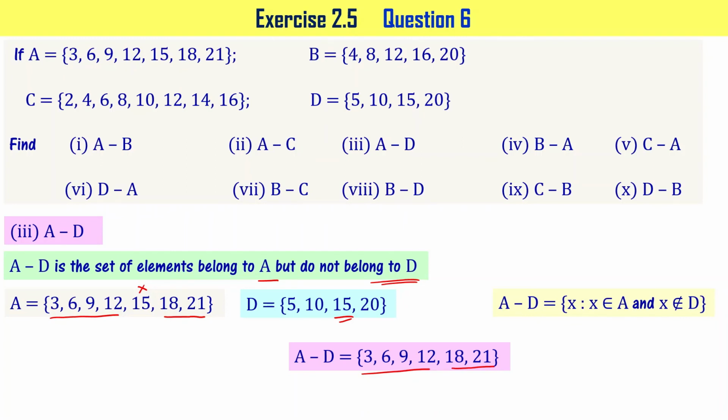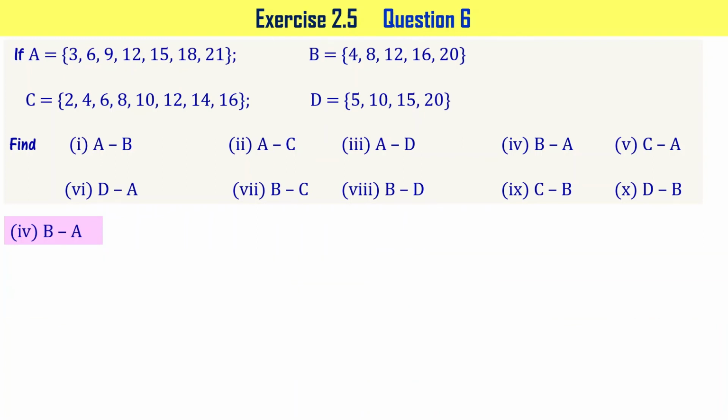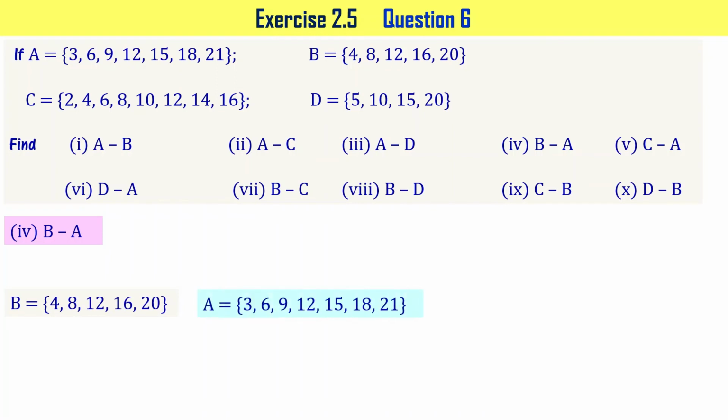Right? Now let's go to the next part, that is B minus A. B is the set of elements 4, 8, 12, 16 and 20, and A is also now written. Now we have to see what are the elements that belong to B but do not belong to A. Those are part of the set B minus A, right?